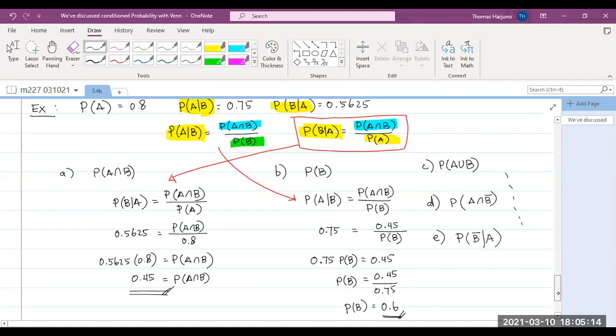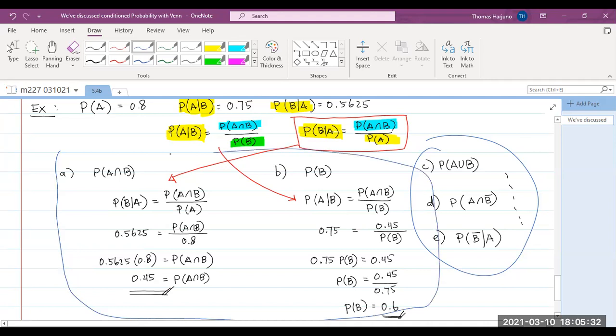To be more precise, even though these three questions here are actually easy, and you know how to do that already, you cannot do those three questions if you can't find part A and part B first.